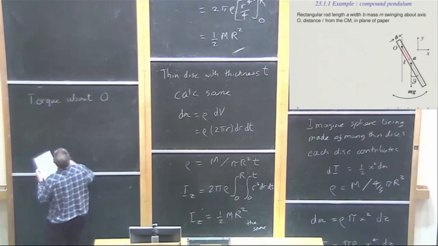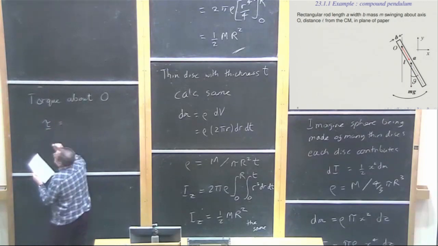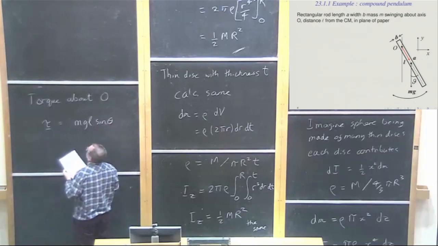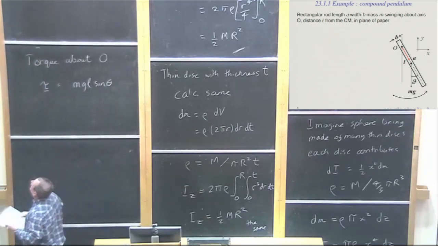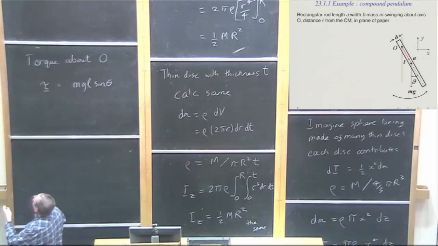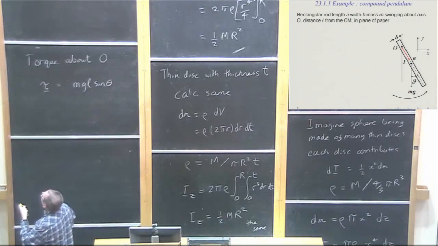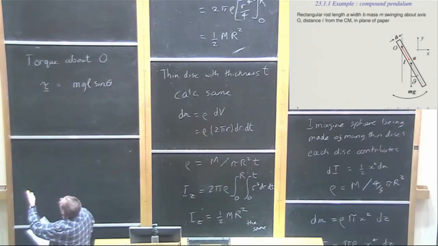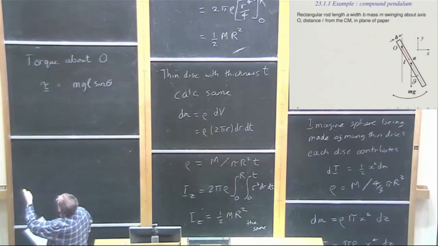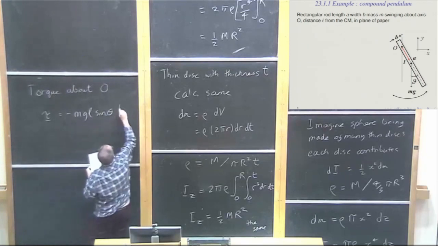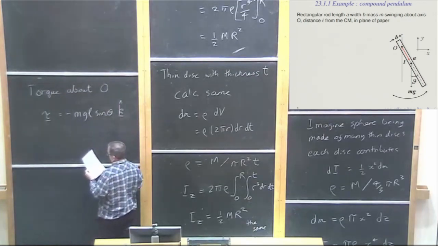So that torque is going to be given by m g l sine theta, and let's be good and assign a direction, since torque is a vector. It is a direction which is perpendicular to both, so that's in the k direction. If you think about it and do the cross product yourself, you'll see that it's going into the board, which is in the minus k direction. So I have a minus sign and a k there.